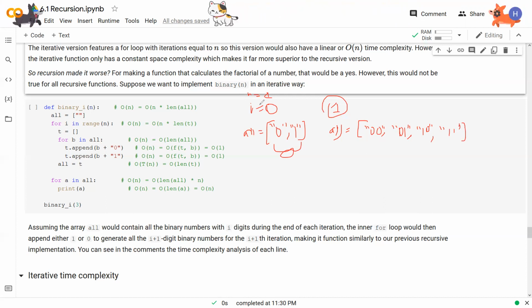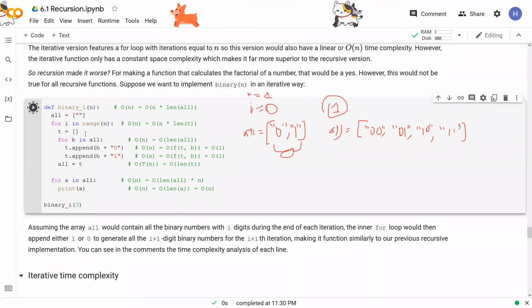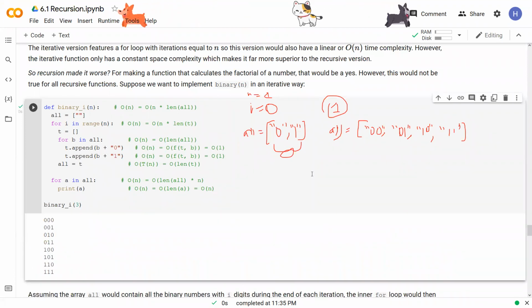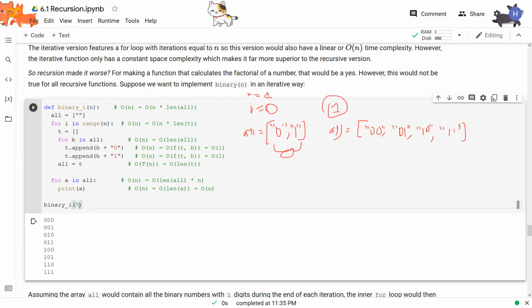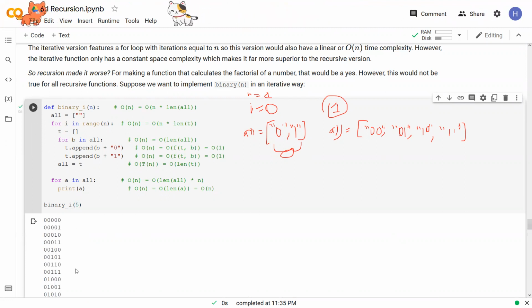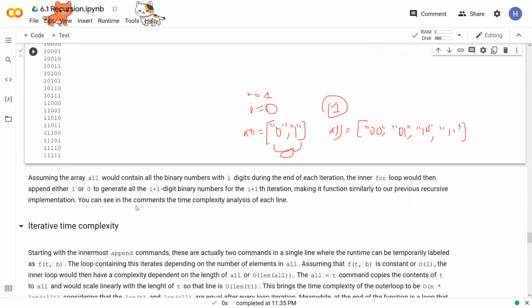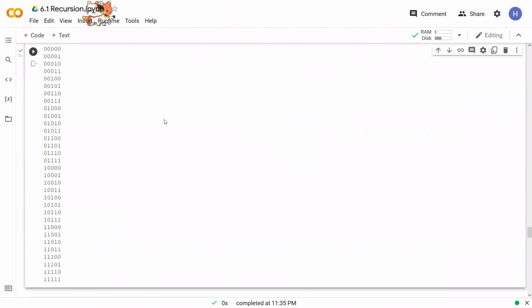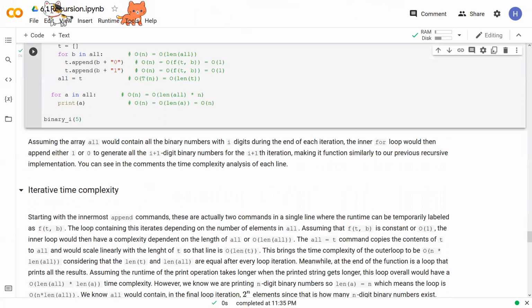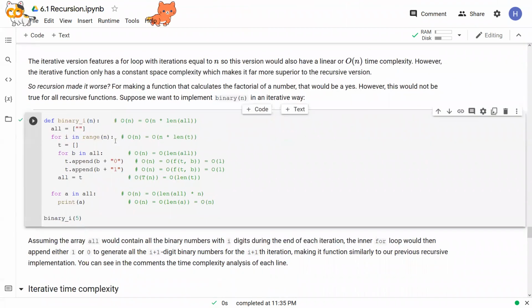So pagdating natin sa dulo ng loop, which is n minus 1, ang result natin dapat is yung ating n digit na binary numbers, which we can confirm pag nilan natin yung ating algorithm dyan. So all 3 digits, pwede natin palitan to 5, maging lahat ng 5-digit na binary numbers. So same functionality siya dun sa ating recursive na definition.